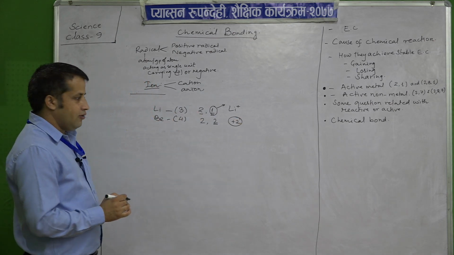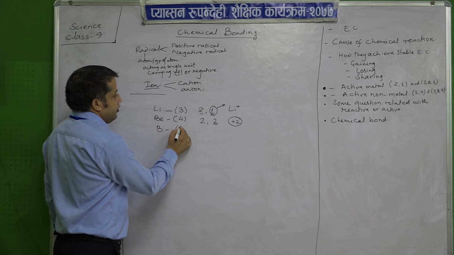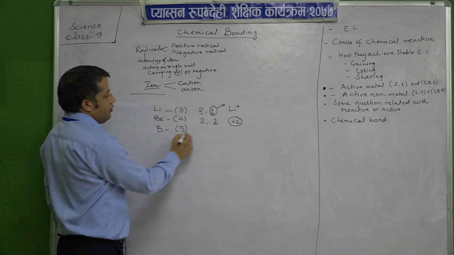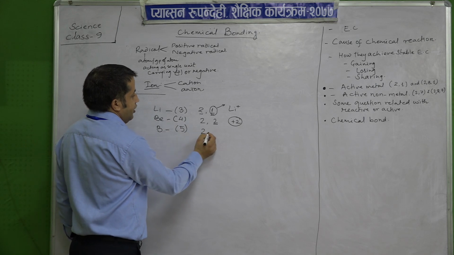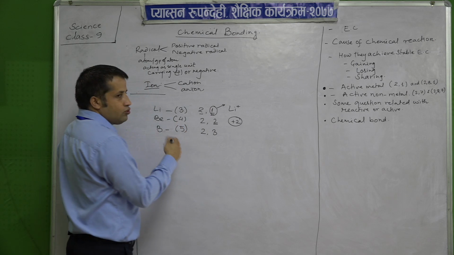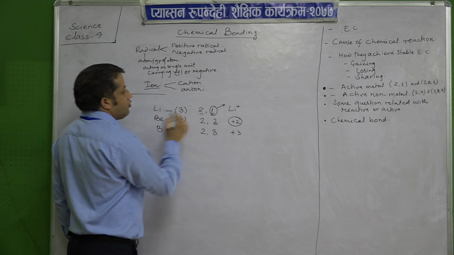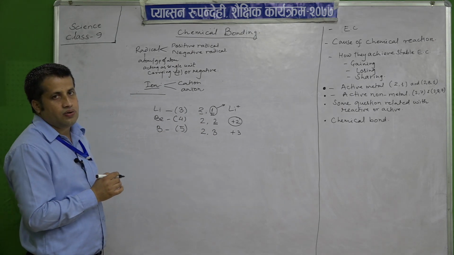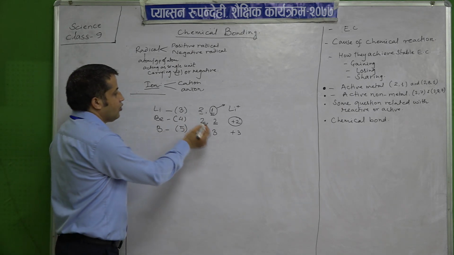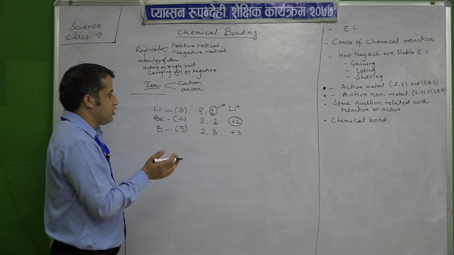Now, boron, if you see, atomic number 5, 2, 3, and it tends to lose 3 electrons to become stable, to get octet electronic configuration, or sorry, duplet configuration, in this case the nearest stable electronic configuration.